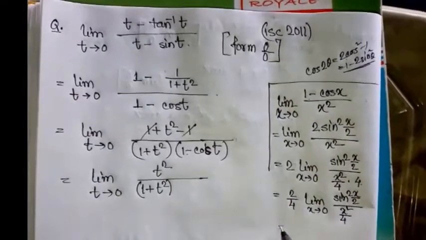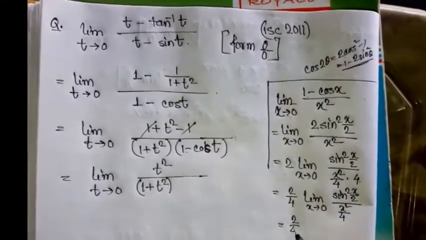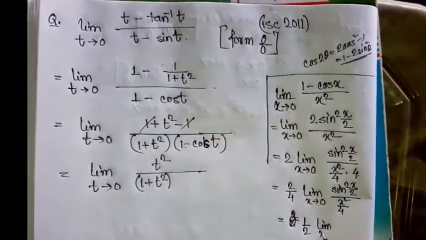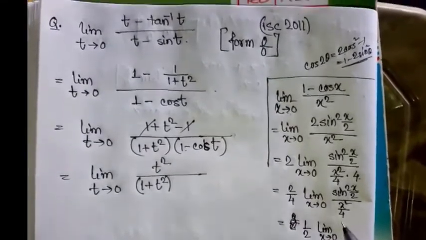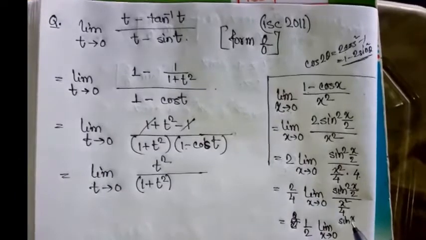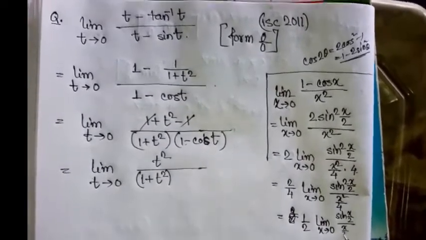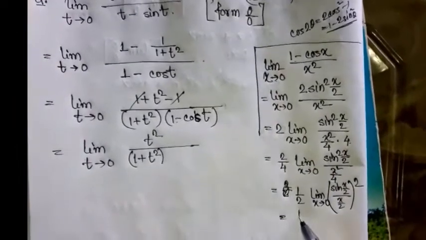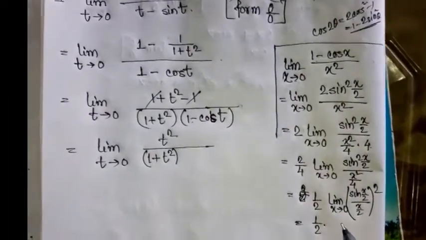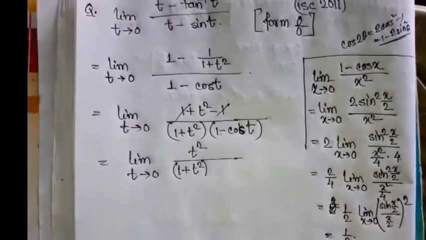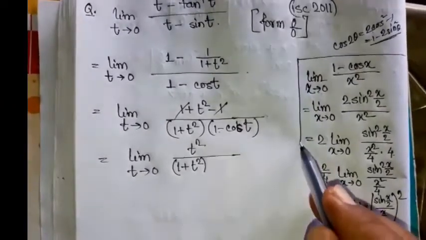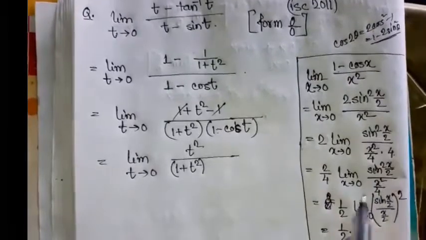This is the standard limit. So 2 by 4, that means 1 by 2, and limit x tends to 0, (sin x by 2) by (x by 2) whole square, that means the formula sin x by x whole square. This limit is 1, and so finally you get half into 1, which is half. So we can use this one.